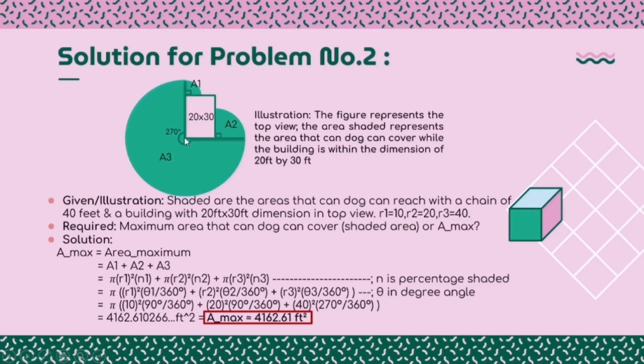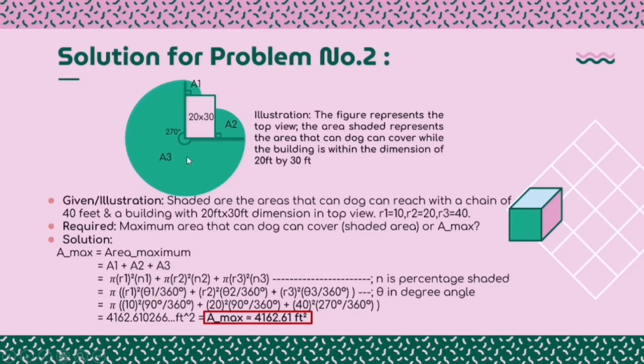The dog is anchored at this point with 40 feet of chain. A1 has a radius of 10, A2 a radius of 20, A3 a radius of 40. Solution. The maximum area that the dog can cover is equal to A1 plus A2 plus A3.